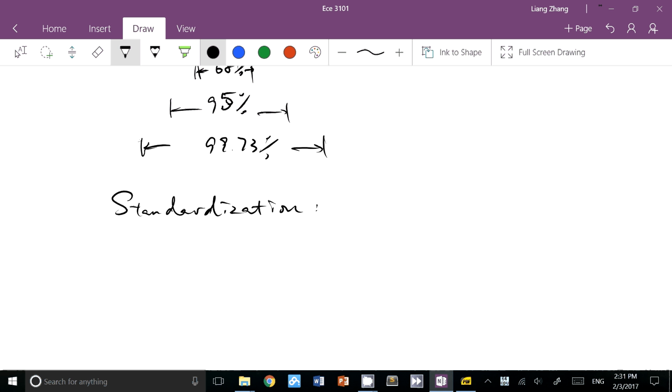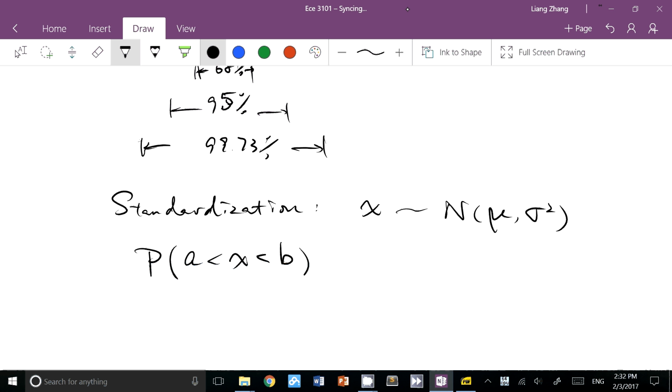It says if you have a normal random variable with mean mu and variance sigma squared, then the probability that your random variable x is between two bounds a and b, any bounds, can be calculated by standardizing the three terms we have, x, a, and b.